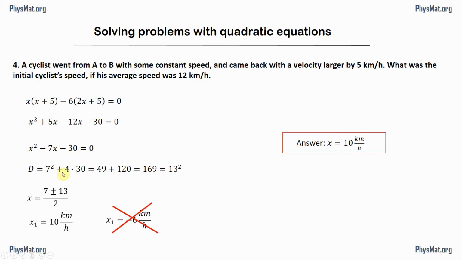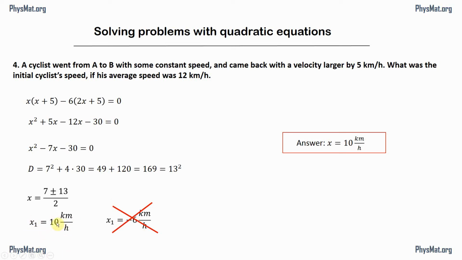Minus by minus gives plus. So 49 plus 120 is equal to 169, which is 13 squared. Therefore, our x is minus b plus minus the square root of the discriminant, or 7 plus minus 13, divided by 2a. A is 1. Again, we can see that there is one positive root and one negative root, which we reject.